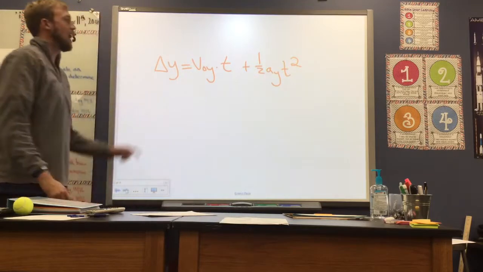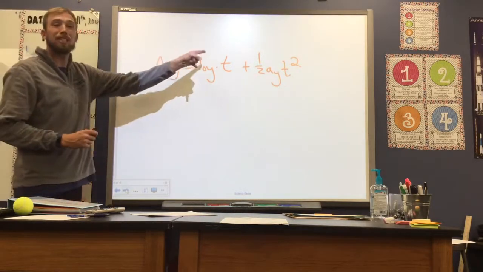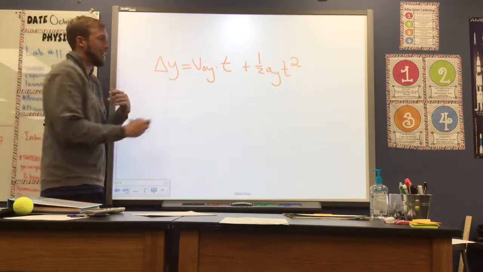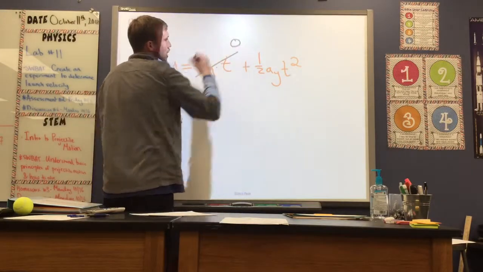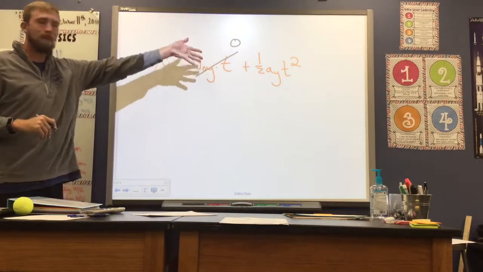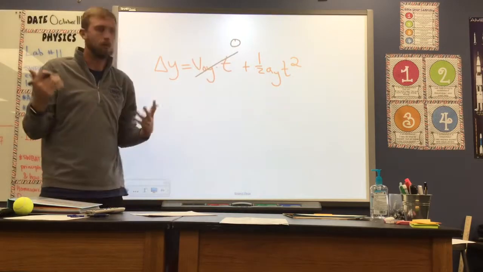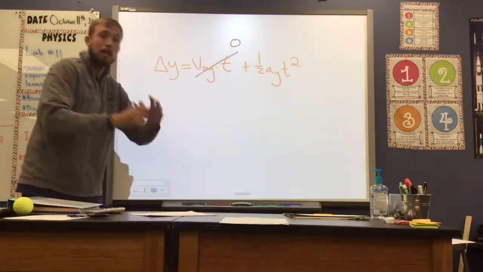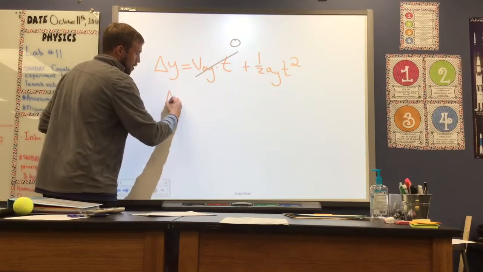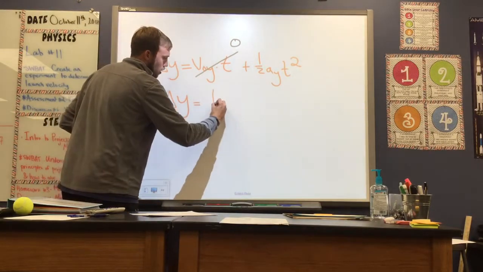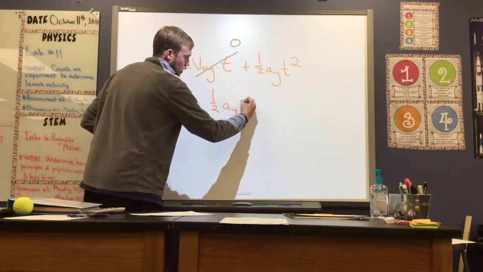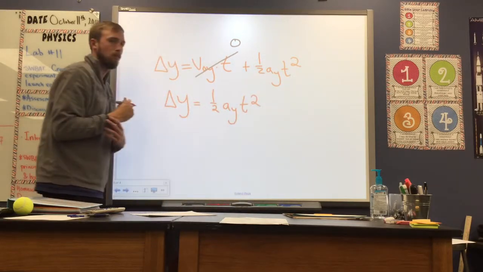Now at this point, I know that my initial velocity in the y was 0 because it was just rolling off that flat surface. So this value is all going to go to 0. Doesn't matter what my time is here because my initial velocity, 0 times t, is going to give me 0. So my equation will simplify down to this: delta y is equal to 1/2 acceleration in the y times t squared.